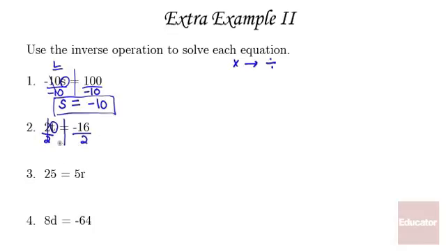Then on my left side I only have T left, which is what I want, equals negative 16 divided by 2. Now, a positive 16 divided by 2 is 8. I know 2 times 8 is 16, right? But since I have only one negative sign within this problem, my answer stays a negative.